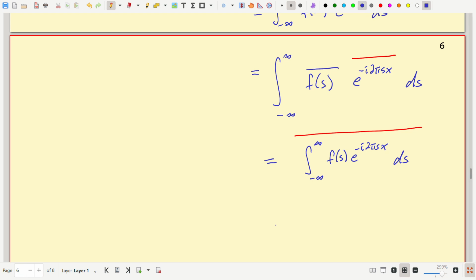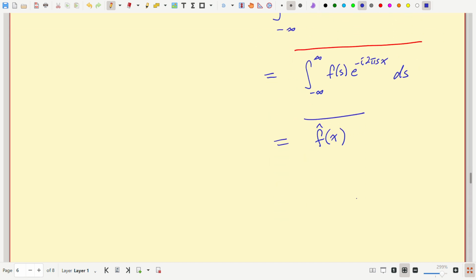So this is the Fourier transform of f at x, conjugate.